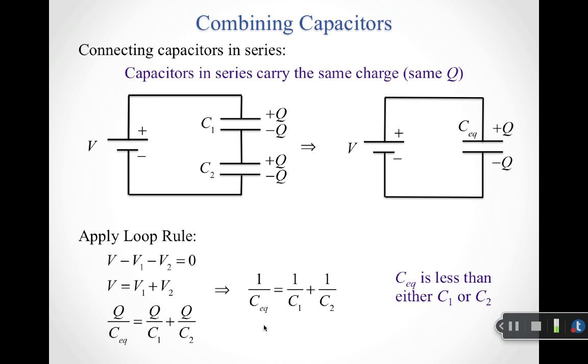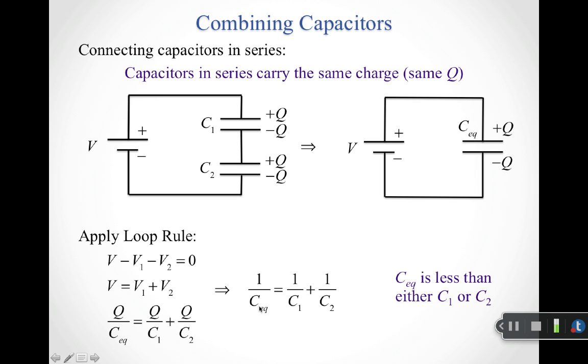Now, a couple of things to keep in mind here. One is we have a very simple check: the equivalent capacitance when I combine capacitors in series has to be less than either C1 or C2. The most common mistake students will make is that they will solve this equation and forget to invert to get the equivalent capacitance.